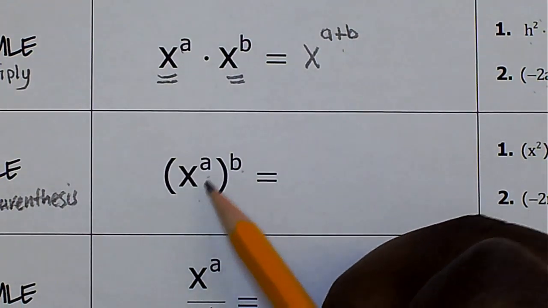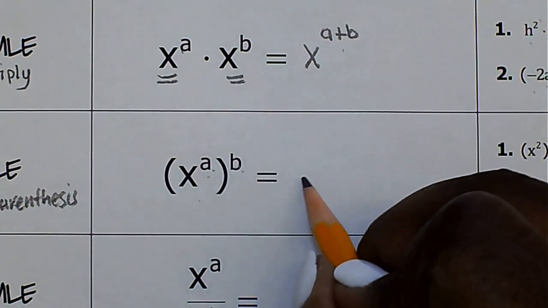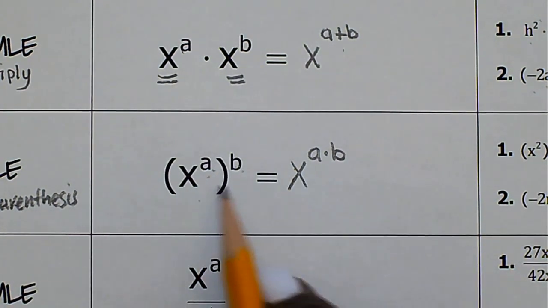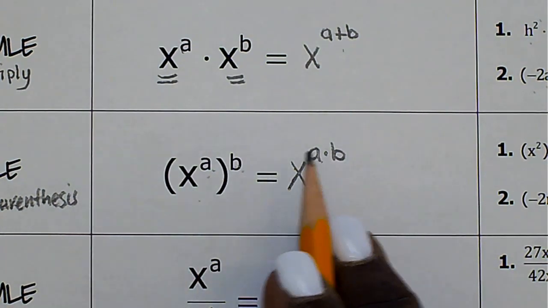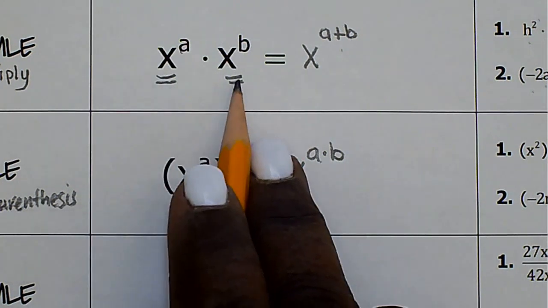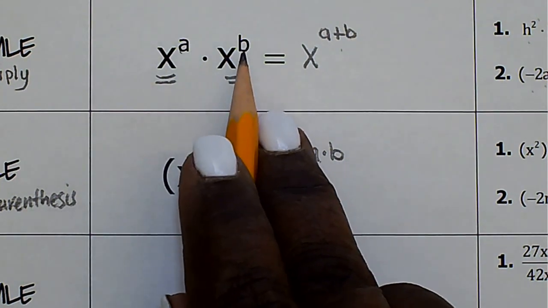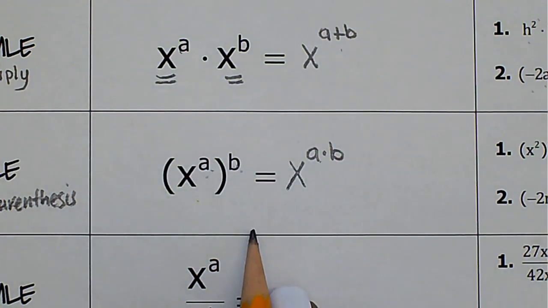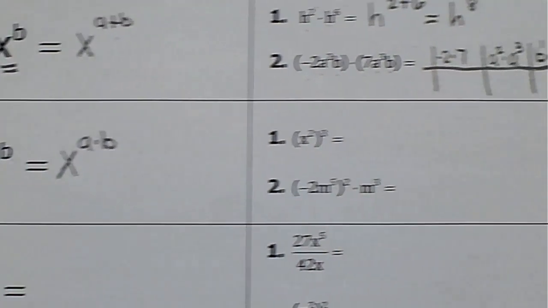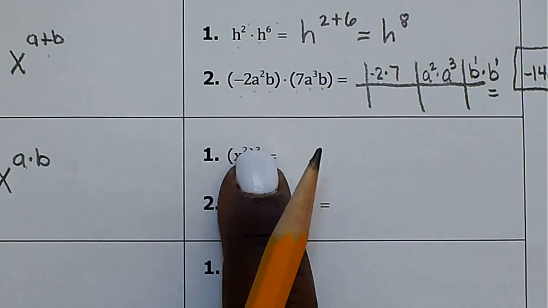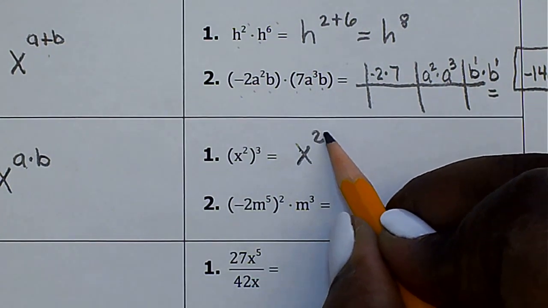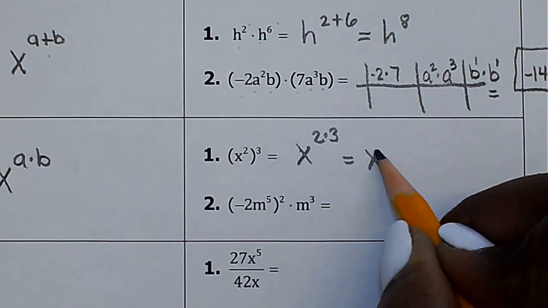So when we have x to the a raised to b, we have x to the a times b. So when you have this kind of situation, you're multiplying exponents. When you have two bases with different exponents, you add them. That's your product rule. Here is your power rule. So what does that look like? If I have x to the second raised to the third, then that's x to the 2 times 3, which is x to the 6.